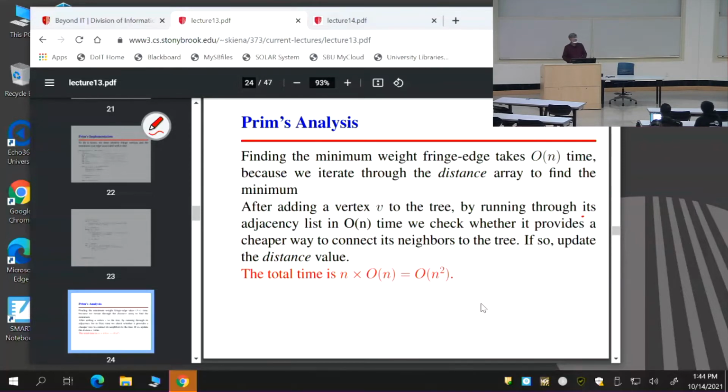We're only going through the edges that could possibly be the cheapest, okay? Any questions about that? And that is why Prim's algorithm is n squared. Okay, any questions about that?